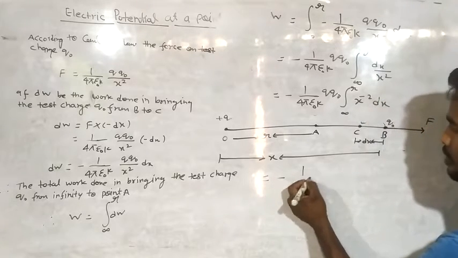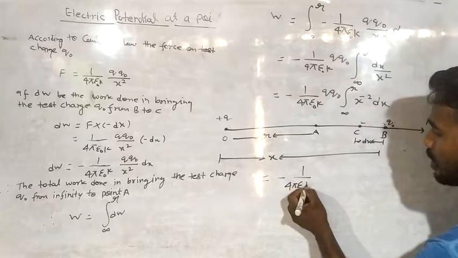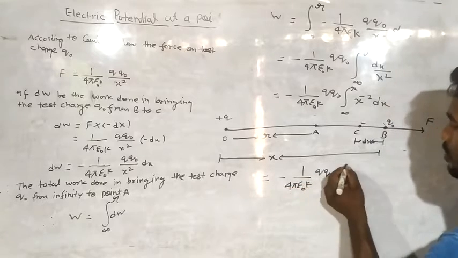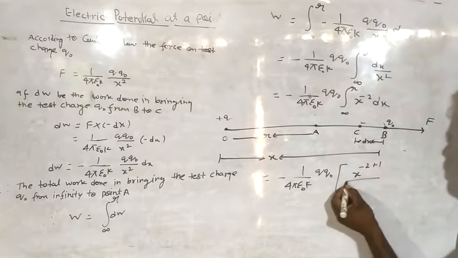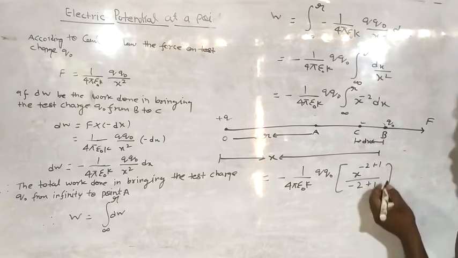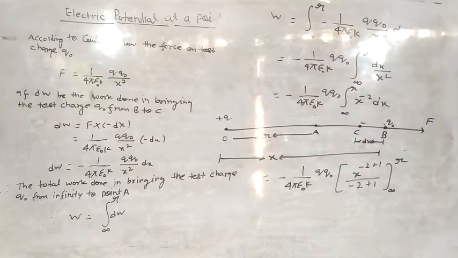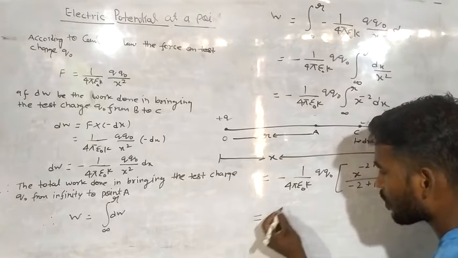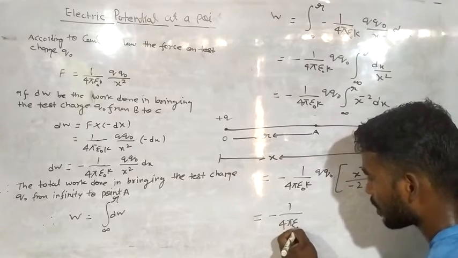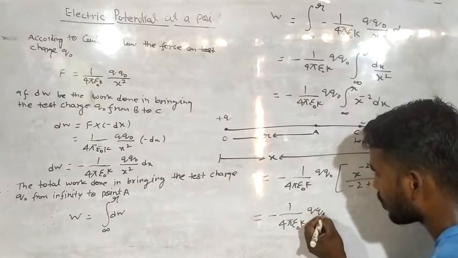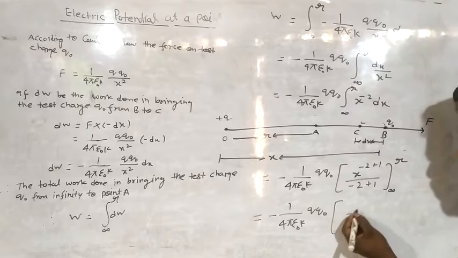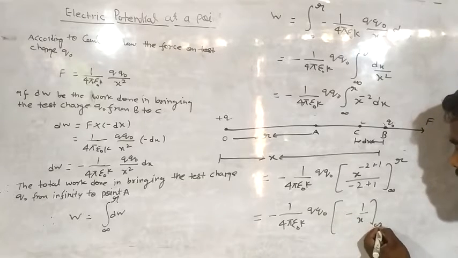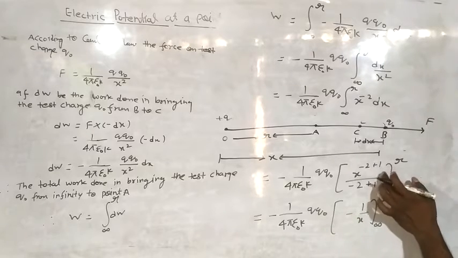Then we have minus 1 upon 4 pi epsilon naught k Q Q naught. Here if we integrate, we get x to the power minus 2 plus 1 over minus 2 plus 1, with limits infinity to r. Now minus 1 upon 4 pi epsilon naught k Q Q naught; if we calculate with this value, we get minus 1 upon x from infinity to r. You all can calculate.